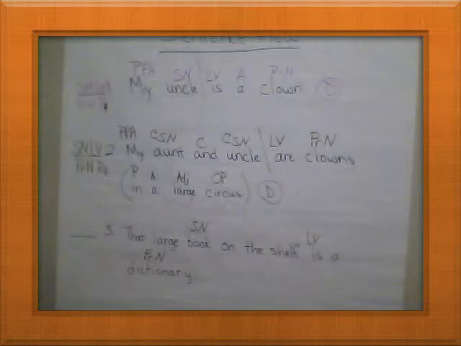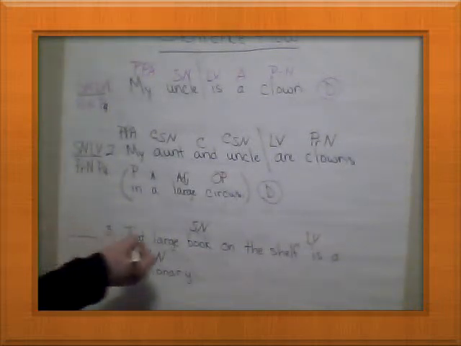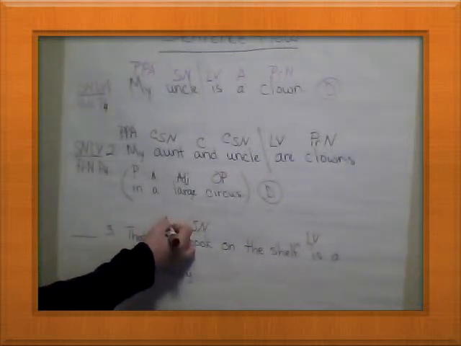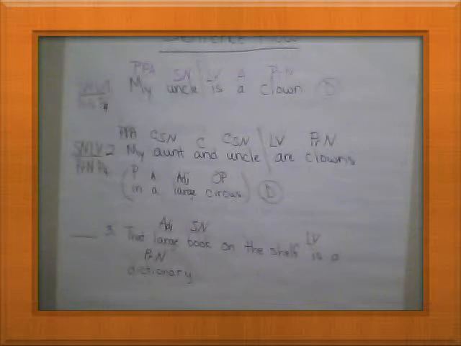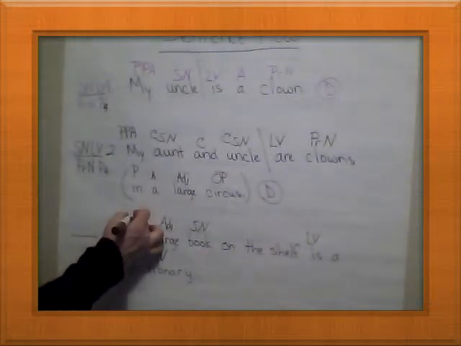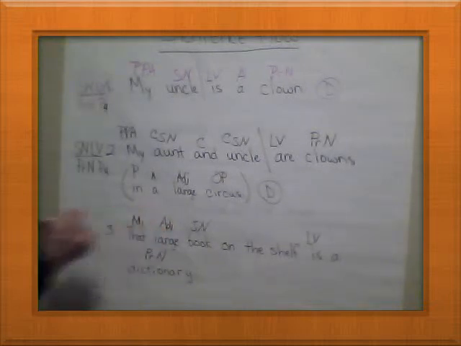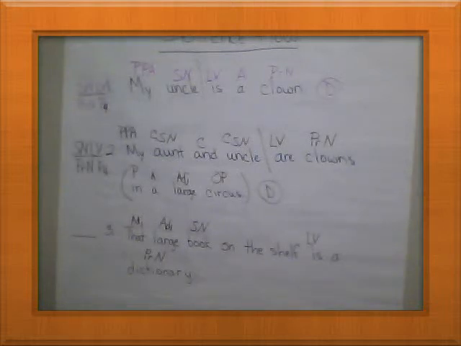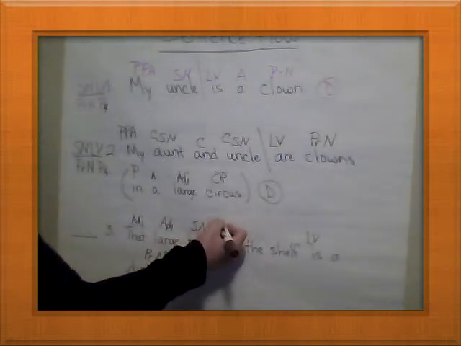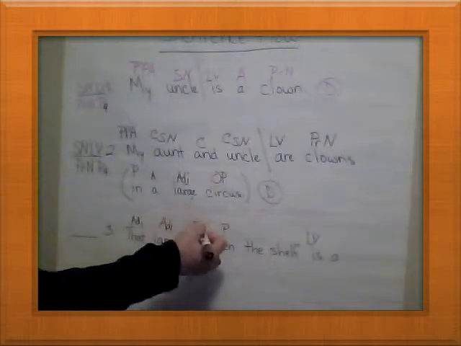We're going to ask ourselves a couple questions about this book. What kind of a book? A large book. Adjective. Which book? That book. Another adjective. Did you see the preposition? On is a preposition. On what?